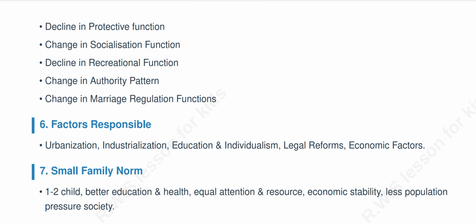Then change in the marriage regulation functions: before, people were not allowed to get married to a different religion. For example, Hindu-Muslim marriage was not allowed. But now in modern days it's allowed, even legally accepted. So the marriage regulations are also changing.